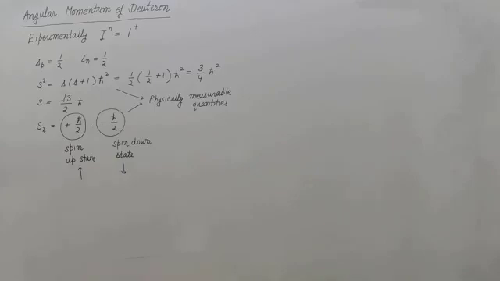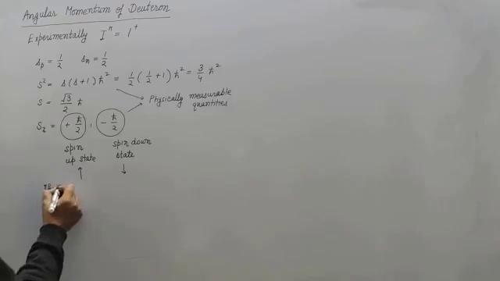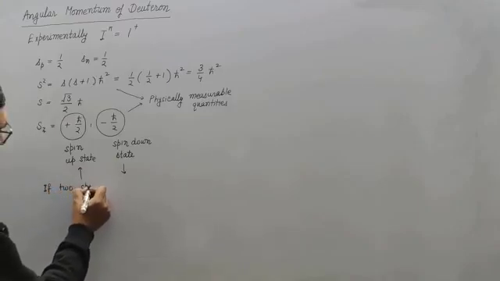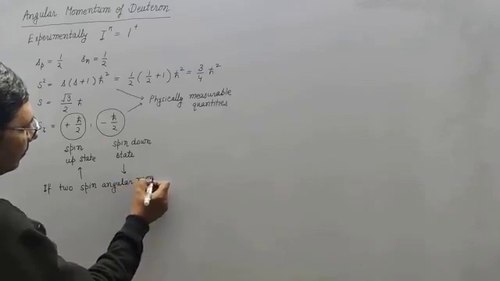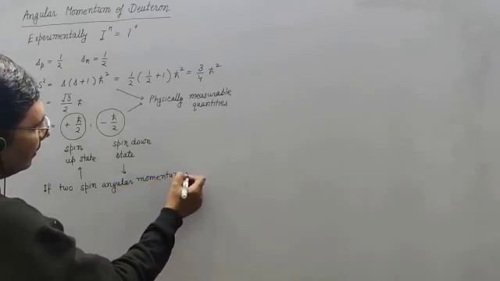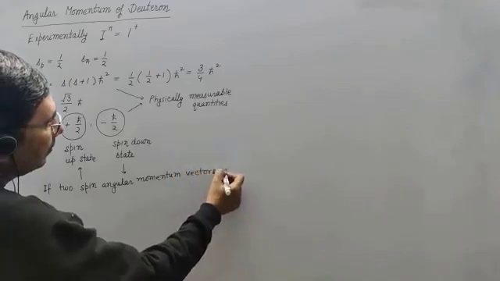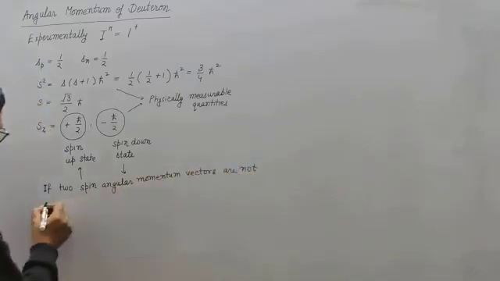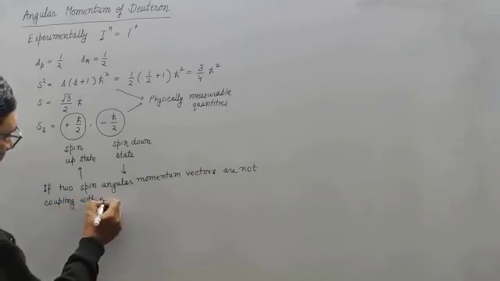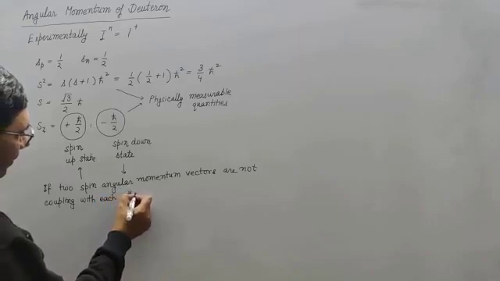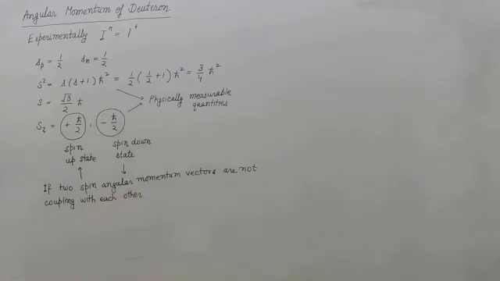So basically spin can have two states, one up state and one down state, and if these two spin angular momentum vectors are not coupling with each other, then four states are possible.